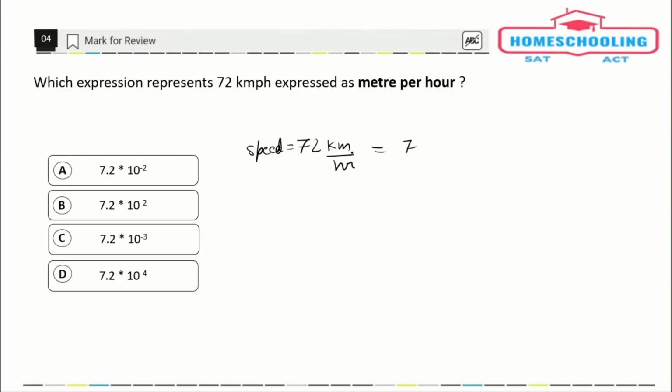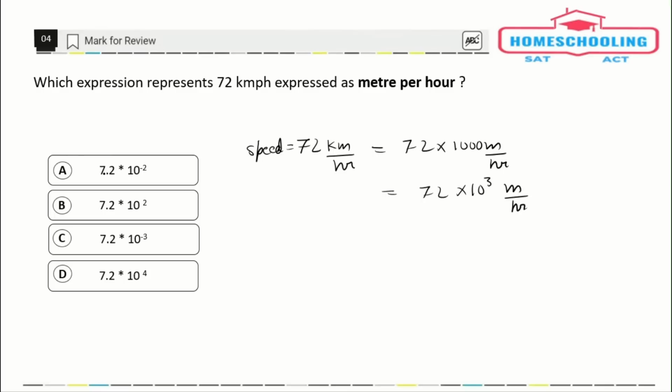Kilometer can be written as 1000 meter, and hour will remain as hour in the denominator. From this we can say that, because there are three zeros, this can be written as 10 to the power 3 meter per hour.